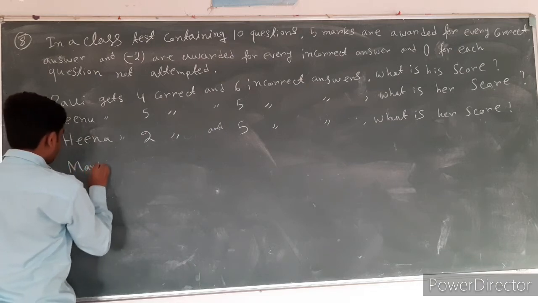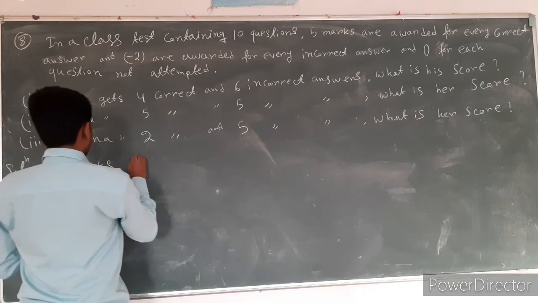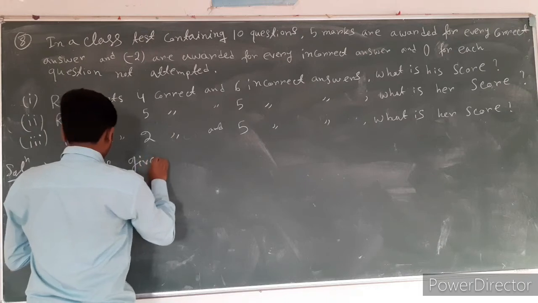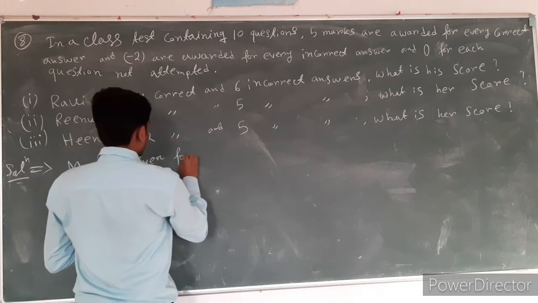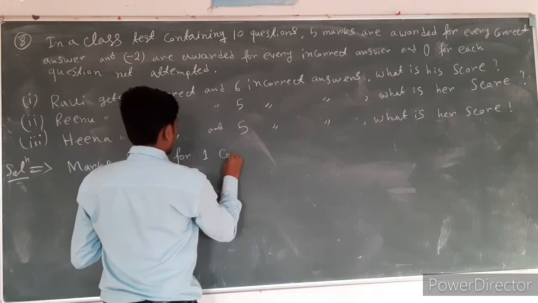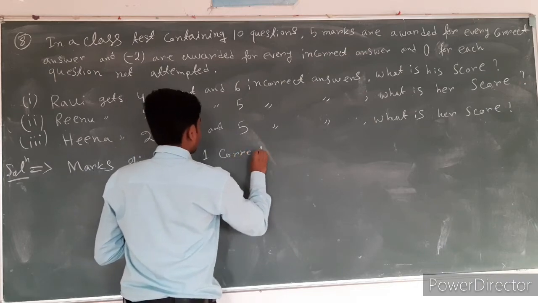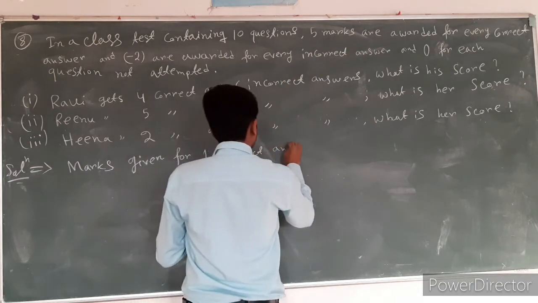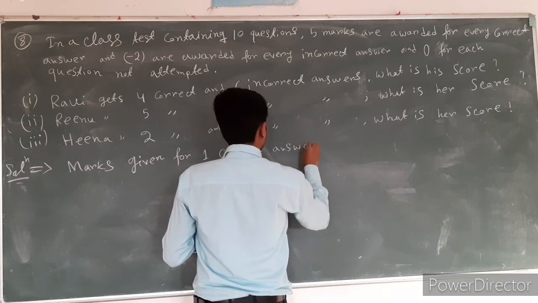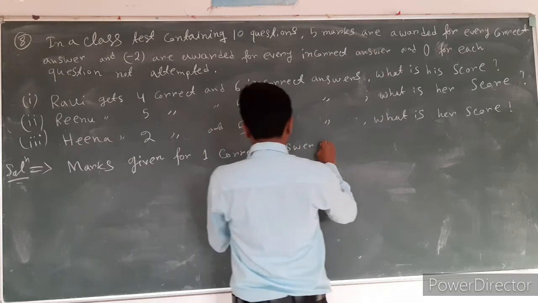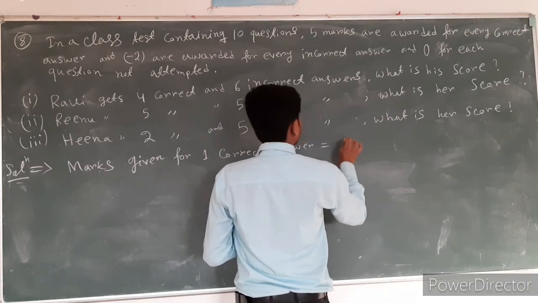So marks given for one correct answer is equal to 5.